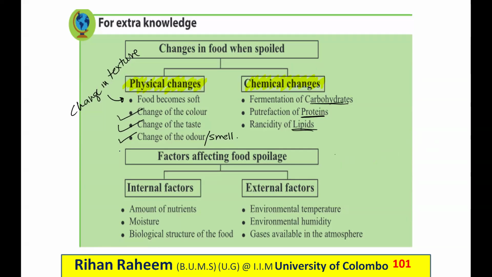When you look at the internal factors, there is the amount of nutrients: if there are more nutrients, more microorganisms can grow. Moisture, the water content: if there is more water content, microorganisms can grow nicely. For example, if you take a dry fish and a fresh fish and keep them out, which one will spoil quickly?